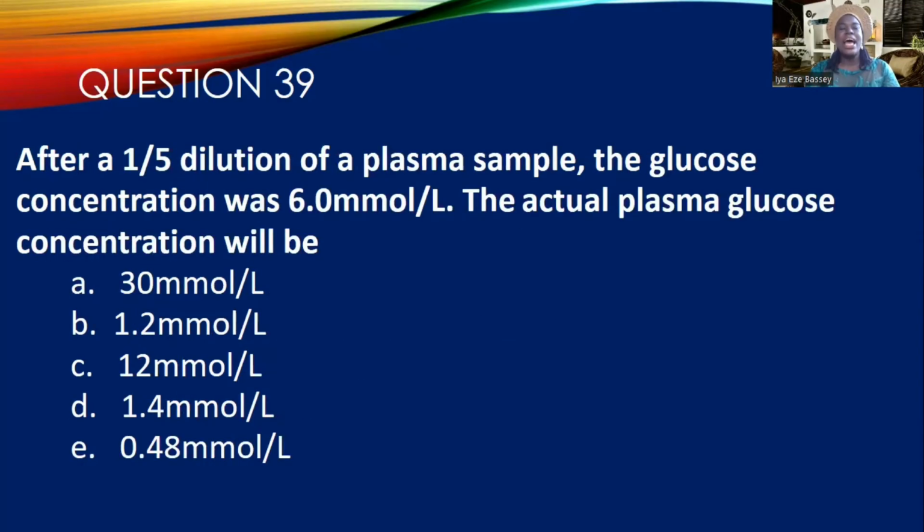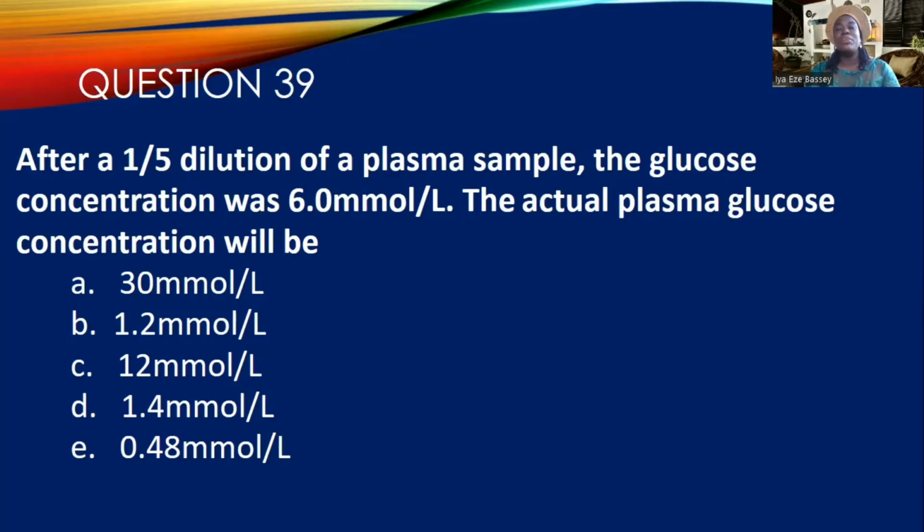Question 39. After a 1:5 dilution of a plasma sample, the glucose concentration was 6.0 millimoles per liter. What is the actual plasma glucose concentration? So how would you calculate that?